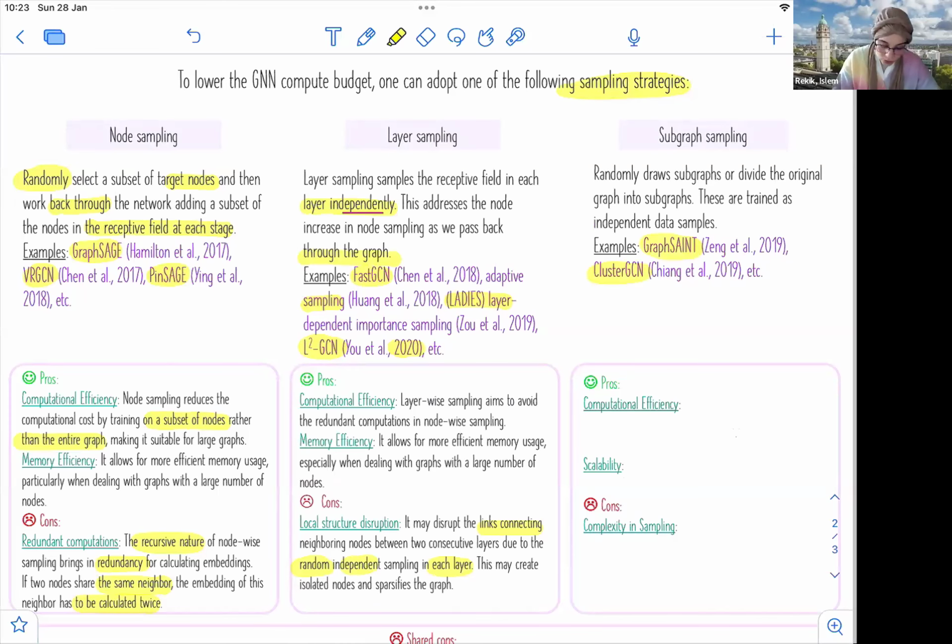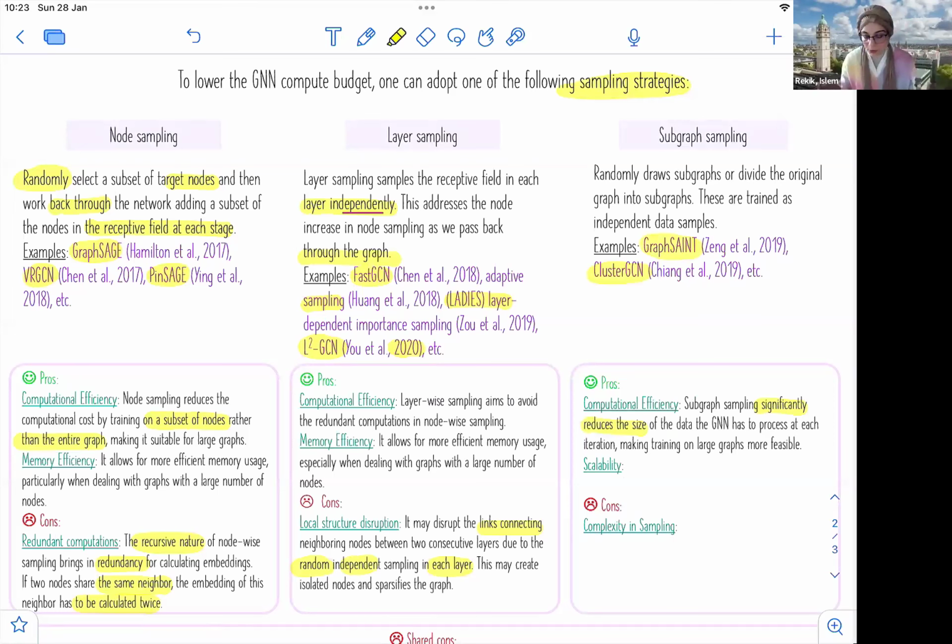In terms of pros, subgraph sampling significantly reduces the size of the data we need to process at each iteration, which makes it very feasible and suitable for large-scale graphs. It is scalable because we're breaking the graph down into many subgraphs.